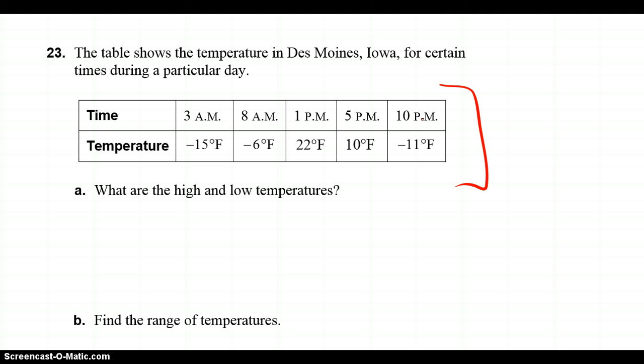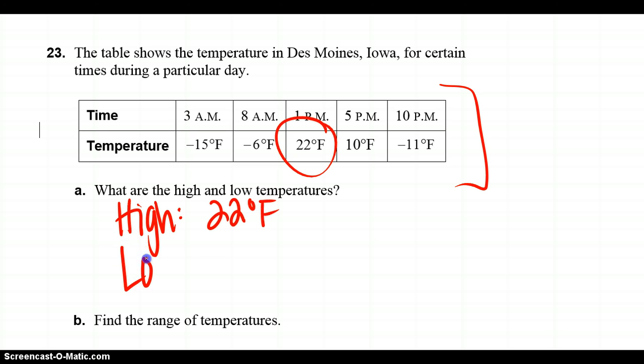It says what are the high and the low temperatures. So the lowest integer and the highest integer. My highest integer is 22 degrees Fahrenheit, and my low temperature of the day, when it's really, really cold, is negative 15 degrees Fahrenheit.